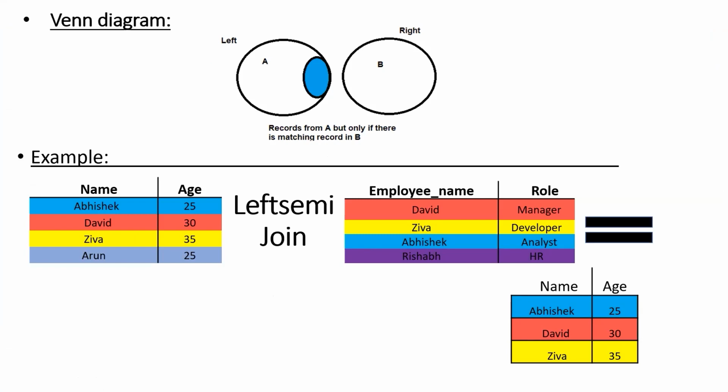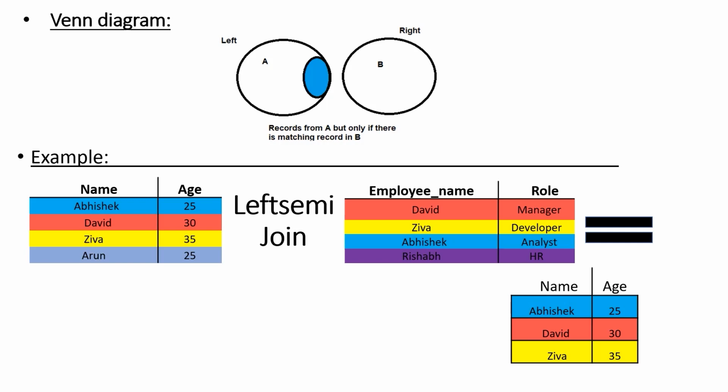On looking at Venn diagram, we got to know that after applying left semi join in two data frames, we will be getting matching records from A, but only if there is a matching record in B. Now let's look at the example. In the final table, we are getting Abhishek, David, and Ziva only. Why? Because there are matching records in B. Also, there's one more thing to see: we are getting the values from the first data frame only.